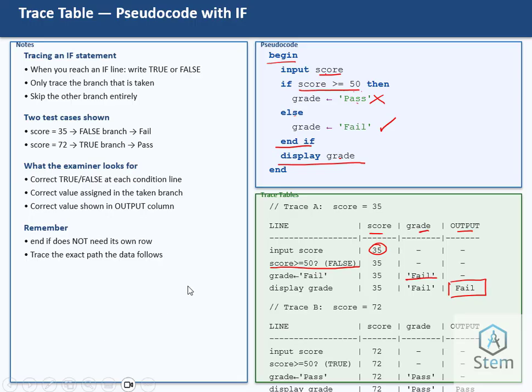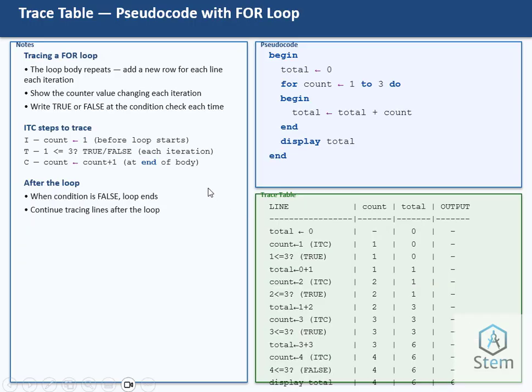I'll look for one more example where there is some iteration. This is a good one. We begin our program. The word begin doesn't change any of our variables, so you will see nothing happens here. Total is set to 0, that is the first line here. For count starting at 1, 2, 3, so count is being set to 1.